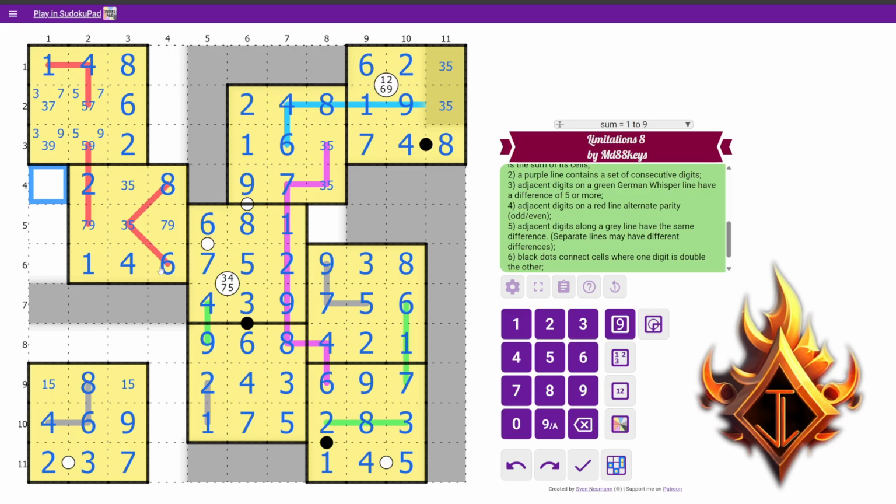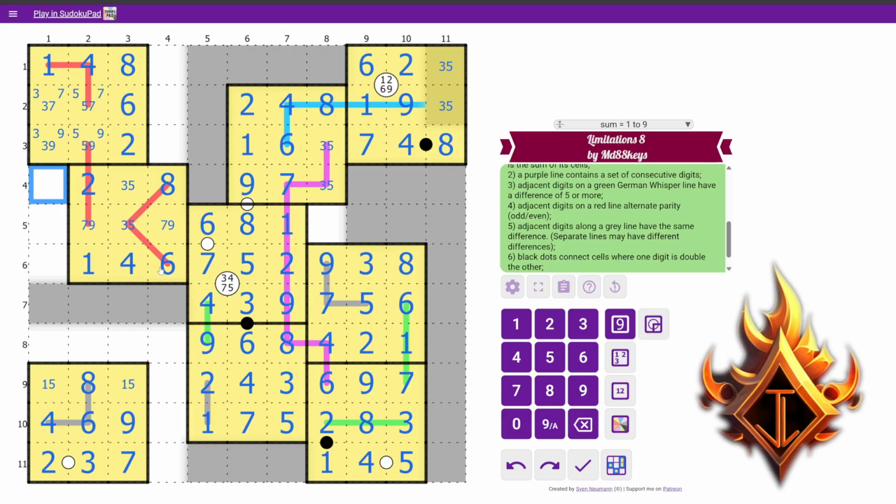Okay. Oh, the red lines are not going to be able to... Yeah, I totally forgot the rule.